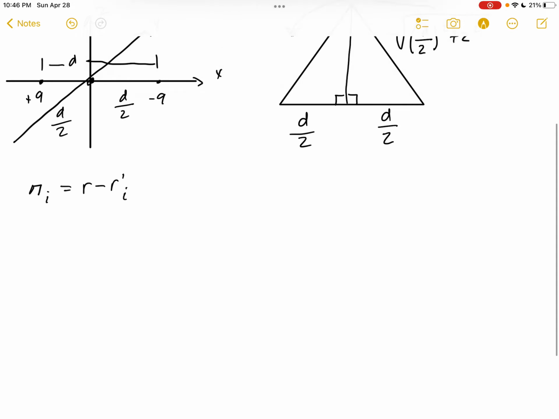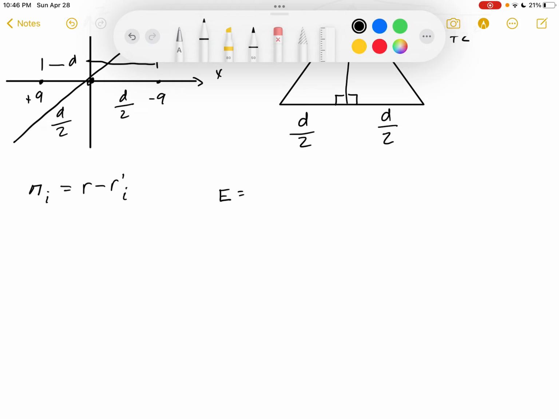We have E is equal to 1 over 4 pi epsilon naught, the sum over i equals 1, we only have two charges, of qi over our superposition vector squared, times our superposition vector hat.